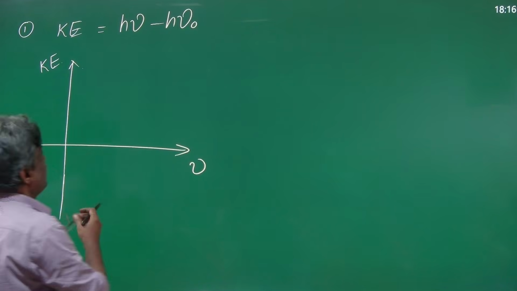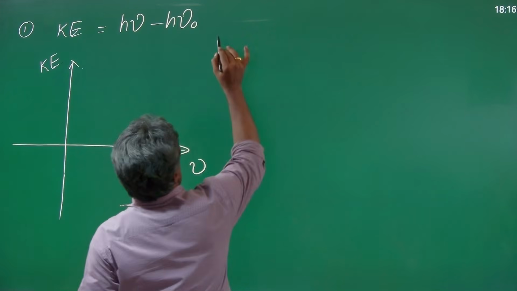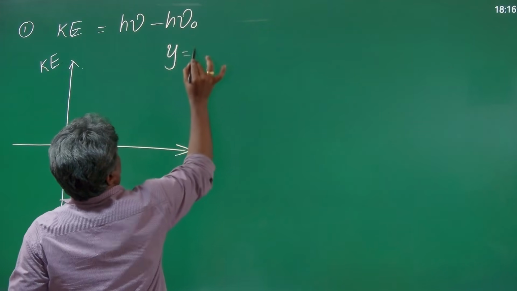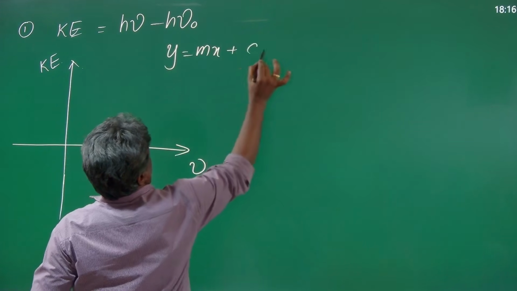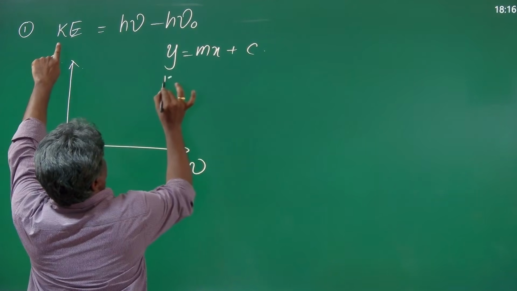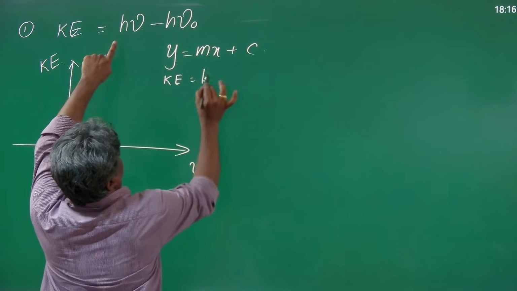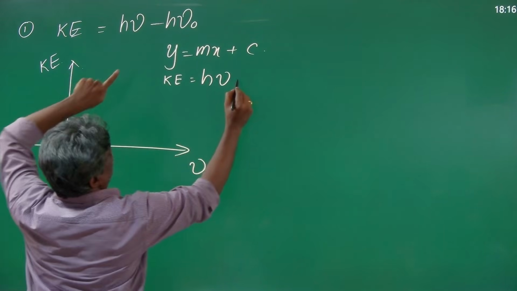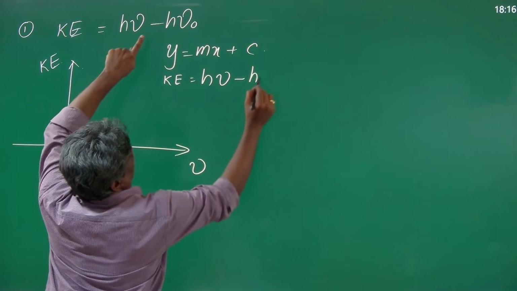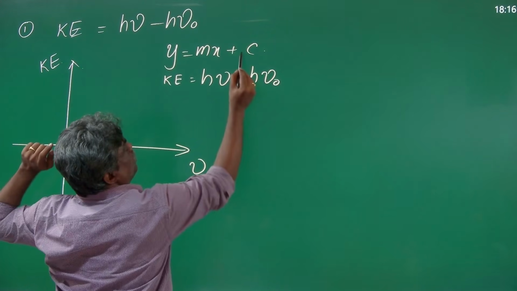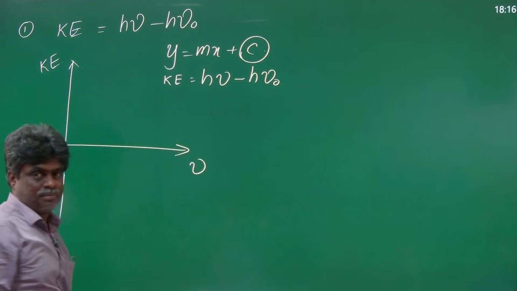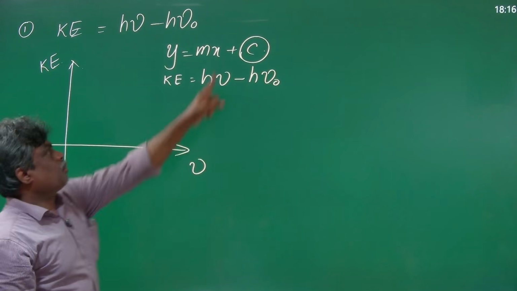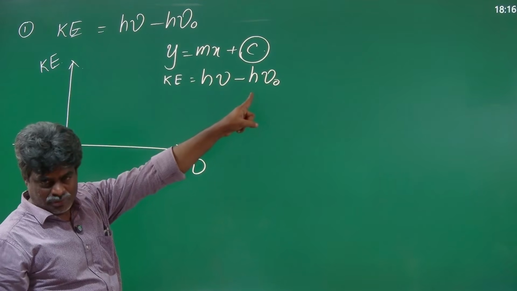Right, listen. In 10th class, you have studied the straight line equation y equal to mx plus c. Here the y-axis is nothing but the kinetic energy, which is nothing but h nu. Your x-axis is nothing but nu. And after that, what you have is minus h nu naught. Could you please tell me what this c is? Y-intercept. Is your y-intercept negative or positive?